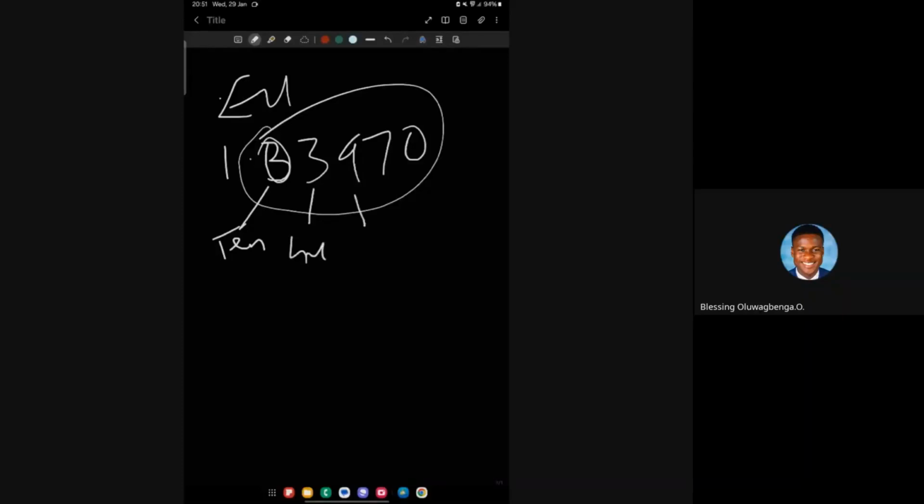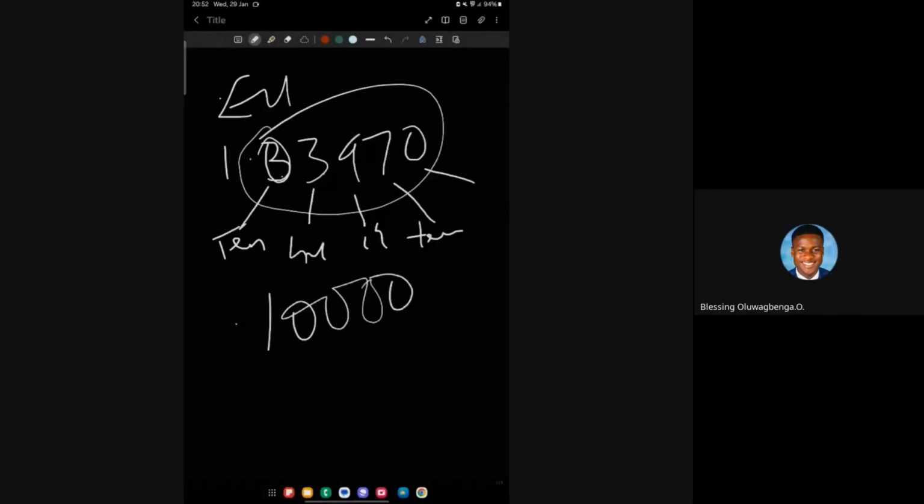The third one, thousandths, right? The fourth one, ten thousandths, and the fifth one, hundred thousandths. So if we round it off after the decimal point, we'll have 1,0,0,0,0. So 1, 2, 3, 4, 5.